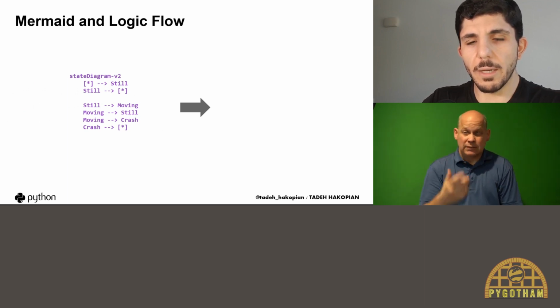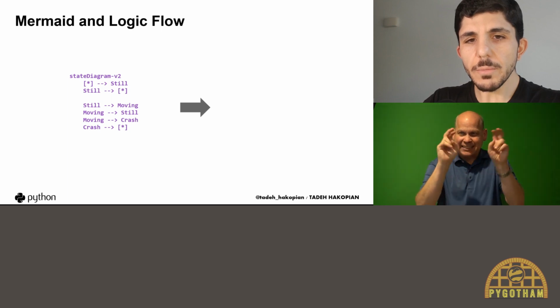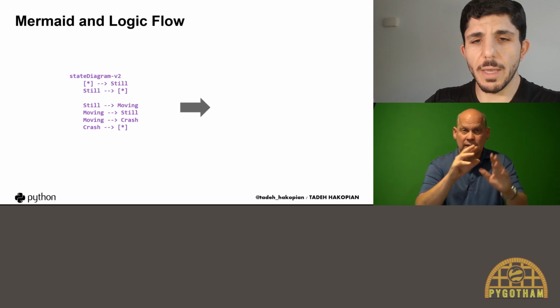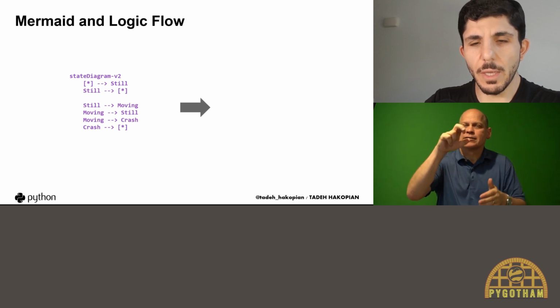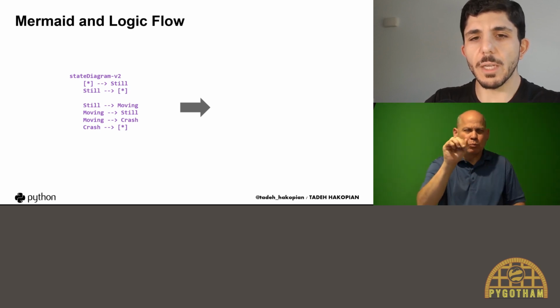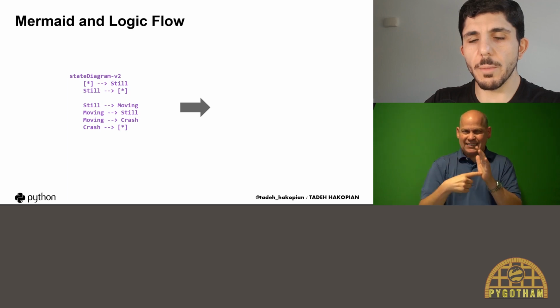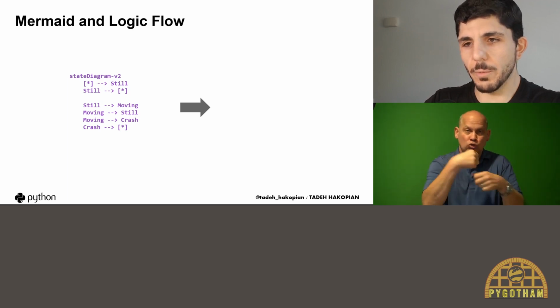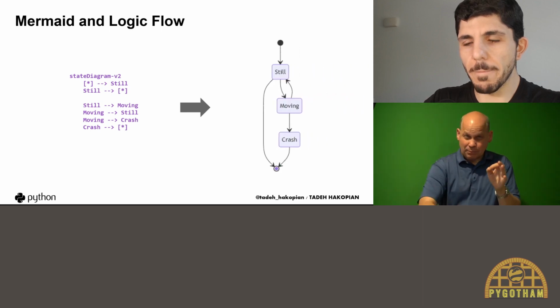The state diagram is the title and type, and it has a starting point and a series of sequences. And this is all from the Mermaid.js website if you want to see examples, because it will then take this, you put it to a Mermaid.js module, and it will create this for you, this simple flow diagram.